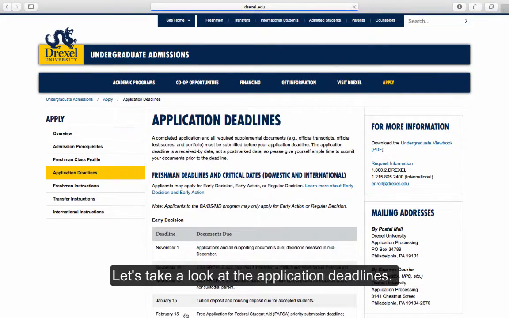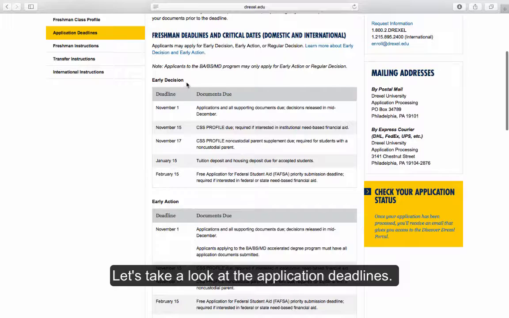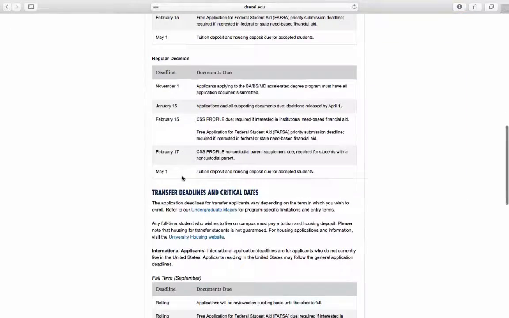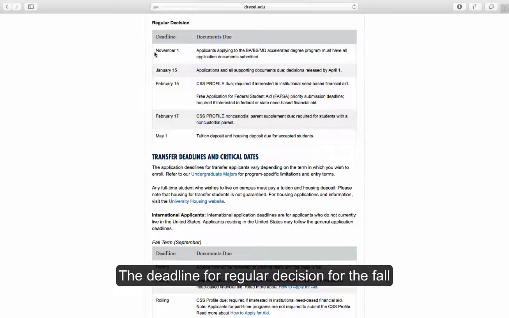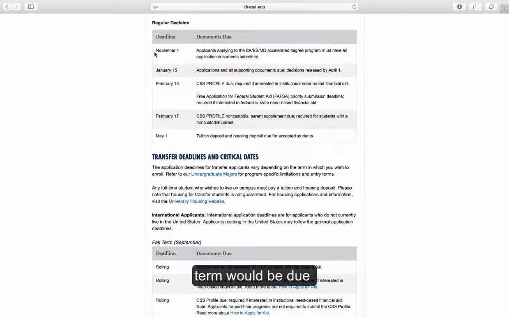So let's take a look at the application deadlines. Let's look at regular decision. This is just your standard application. The deadline for regular decision for the fall term would be due the fall before.